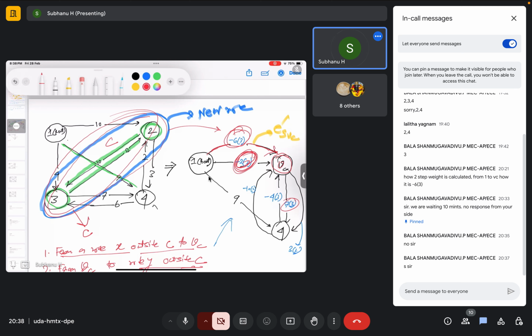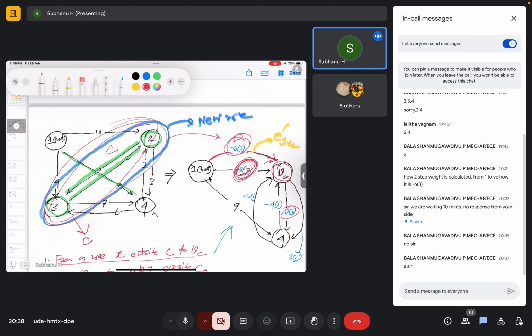Now, suppose we have an edge X to V. There are three cases. Some edges are in the circle and some are outside the circle. Maybe this belongs to the circle, but this does not belong to the circle.